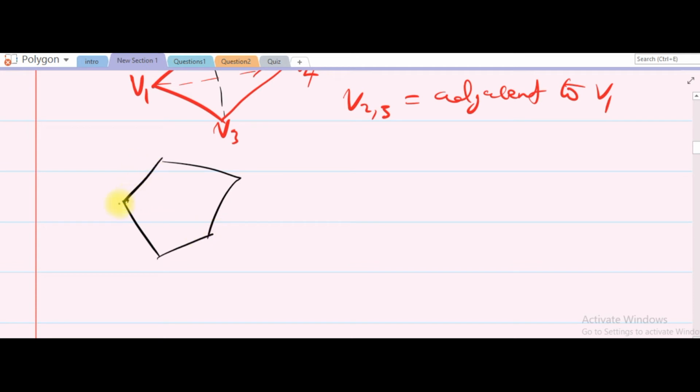So let's join the vertices. We have 1, 2, 3, 4, and finally 5. So we have a total of 5 diagonals here.